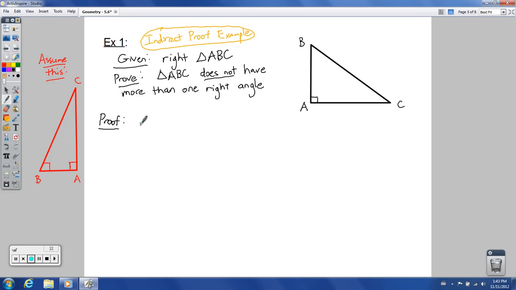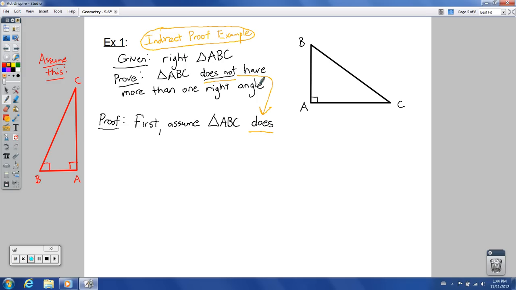So our proof will start off by assuming the opposite of what we're trying to prove is actually true, even though we intuitively got the sense that it won't be. We're going to start with that. So first assume triangle ABC does, so let's add this in a different color here.